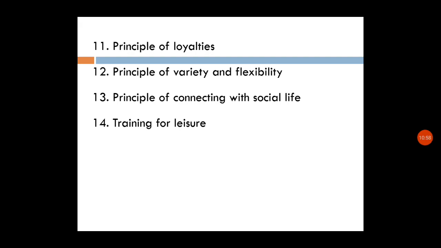Next is training for leisure. Whenever we are talking about teaching and learning, we have to very importantly consider leisure time also. All the time the students cannot learn or do activities connected to teaching and learning.